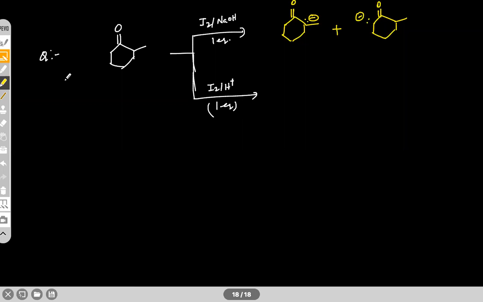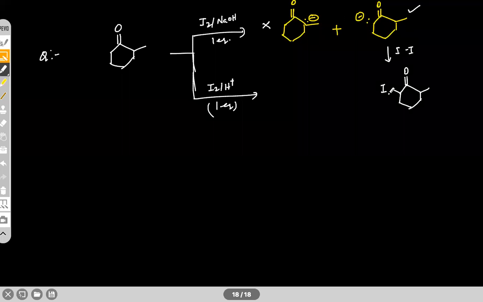Now, which one is more stable? Obviously, the second one is more stable. This one is less stable, so this won't form, and we'll write down the product according to this. So base forms here, and then this takes iodine from I2, and it converts into a double bond O on the top as it is, this methyl and this iodine will be here. Any doubt in this? No.